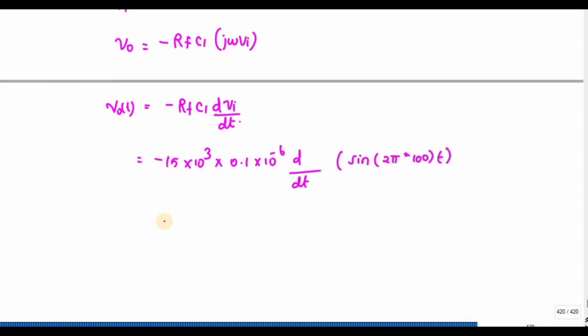So if I differentiate, I can write minus 1.5 into 10 power minus c, and I will get 2 pi into 100 cos 2 pi into 100 t.